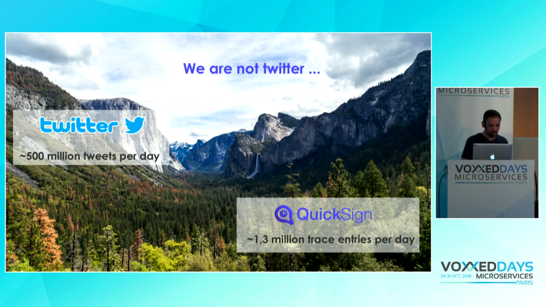At Quicksign, we currently handle 1.3 million audit trace entries per day. It's quite a lot, but it's 400 times less than Twitter. And for Twitter, I actually compared what I can compare, because I'm talking about tweets, but I don't really know what is under the hood for one tweet, how many technical log entries it means. Anyway, we have a much lower throughput.